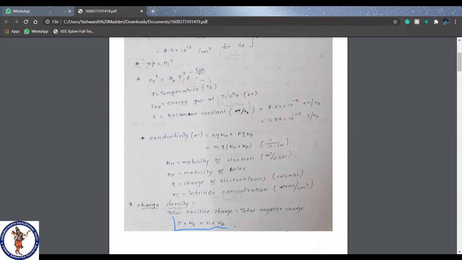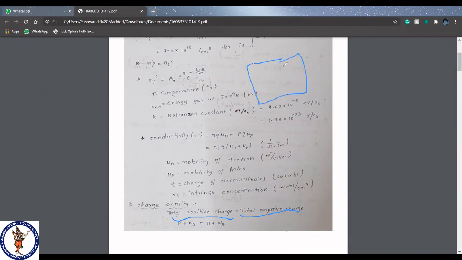And both the charges are the same. What is charge density? It means the total positive charge present in a semiconductor and the total negative charge present in a semiconductor are the same.